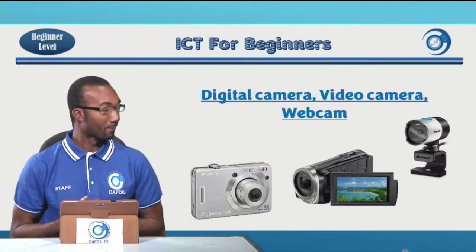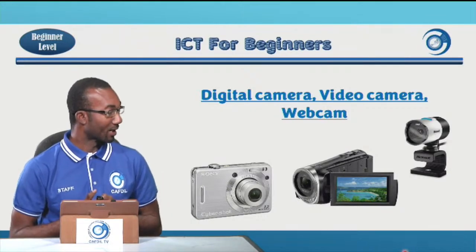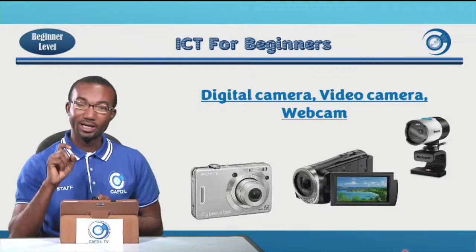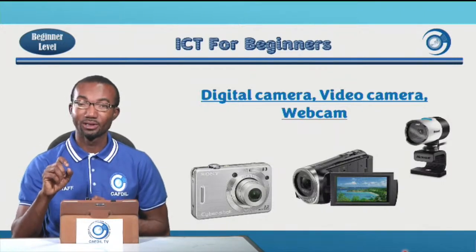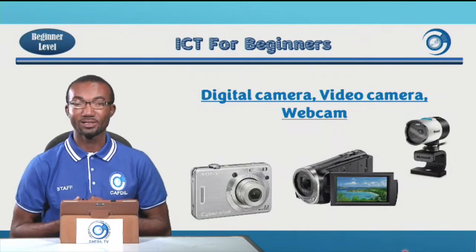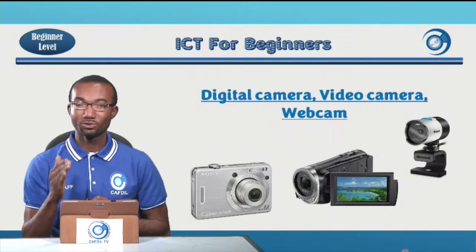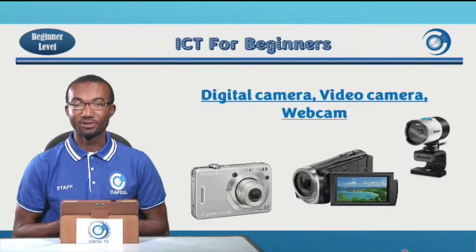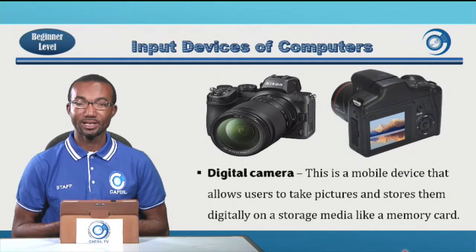The next one, we have digital camera, video camera, and web camera. Normally, the full name is web camera, and we shorten it as webcam. So what do these input devices also do for us? Let's start with the digital camera.